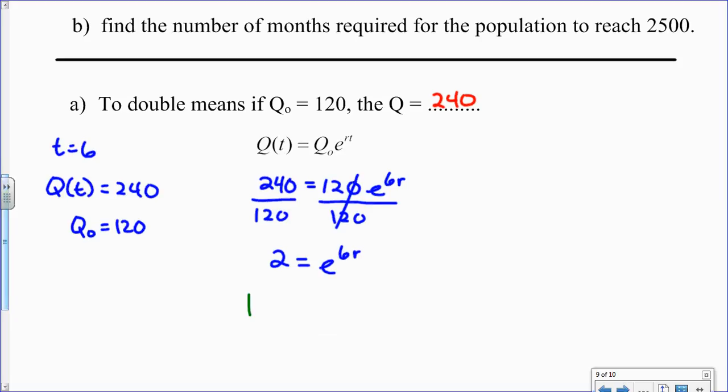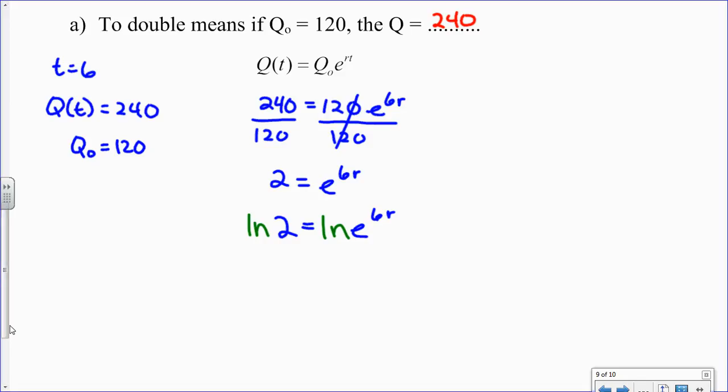This one is going to be easier than the last one because we all have a natural log button on our calculator. We won't have to do change of base here. So the natural log and E cancel on the right. So you have natural log of 2 equals 6R. And then to get R, divide by 6.